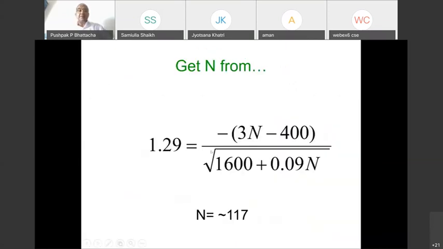And then I have 1.29 as the z value. And I have the right hand side involving the unsafe number of cars, n unsafe. And solving this equation, I find n is equal to 117. So 117 cars, if they're allowed simultaneously on the bridge, then in 1 in 10 cases, the bridge will break. I'm able to come to that conclusion.